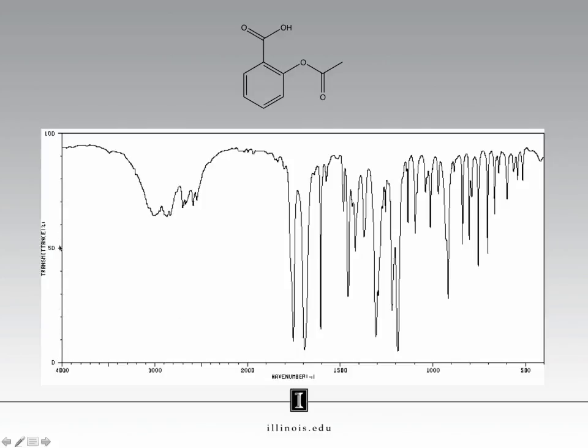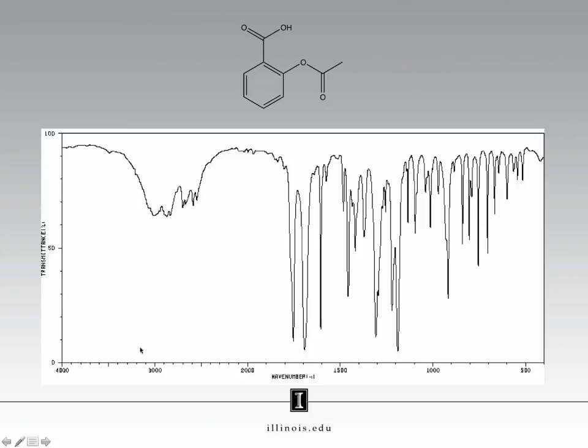We see here that at the top of the y-axis is 100%. What that means is that if this line is close to the top, very little of that light was absorbed. That tells us that there are no bonds in our molecule that absorb the light at this wave number.